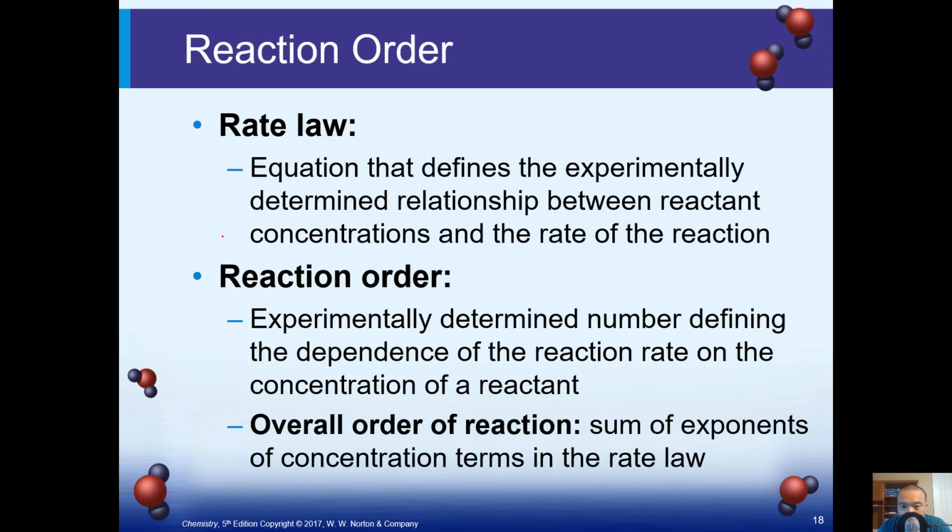Experimental observations and theoretical considerations tell us that the reaction rate depends on reactant concentrations, but they do not tell us the exact dependency. Based on experimental data, we can determine the nature of this dependency and express it as reaction order, a parameter that tells us how a reaction rate is dependent on the corresponding concentration of a reactant.